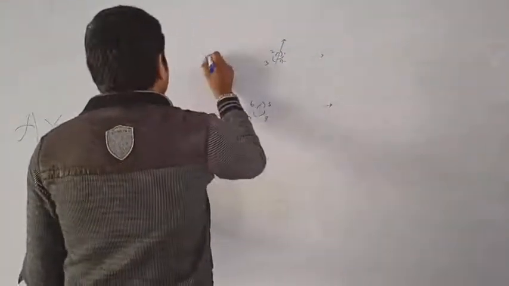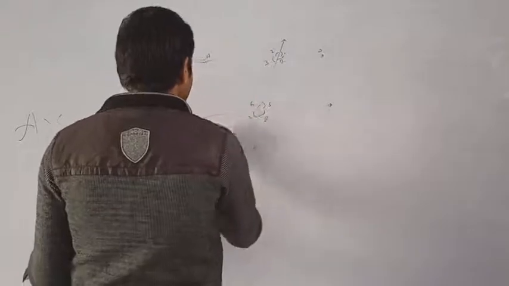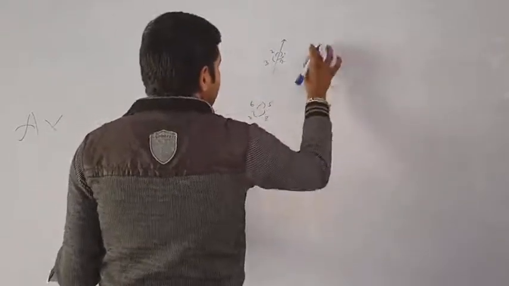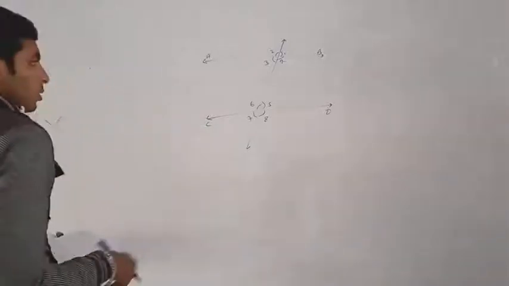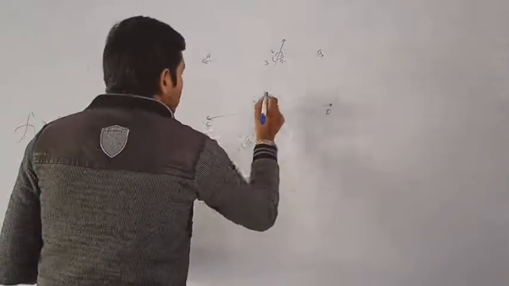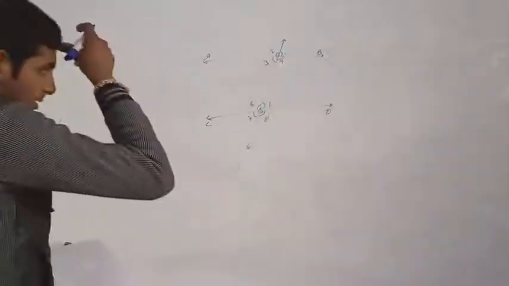The points are A, B, C and D. This is point Q, this is point P.